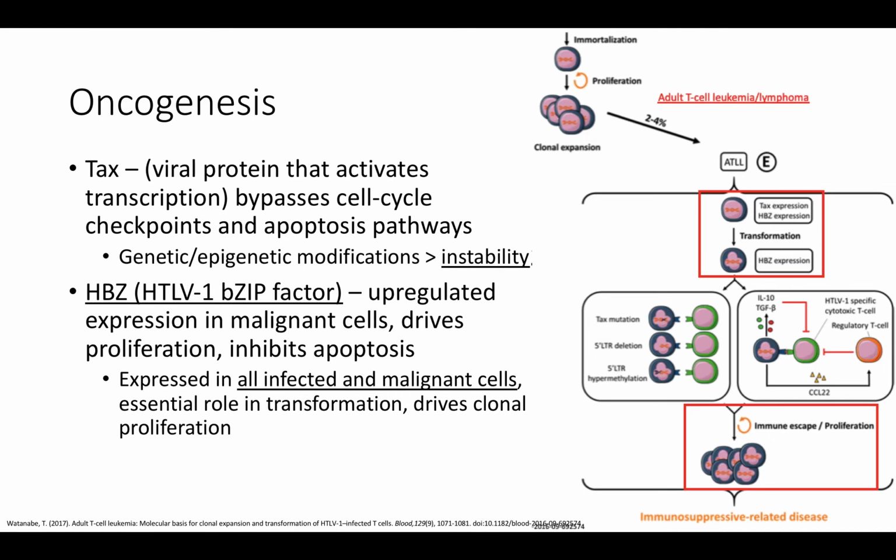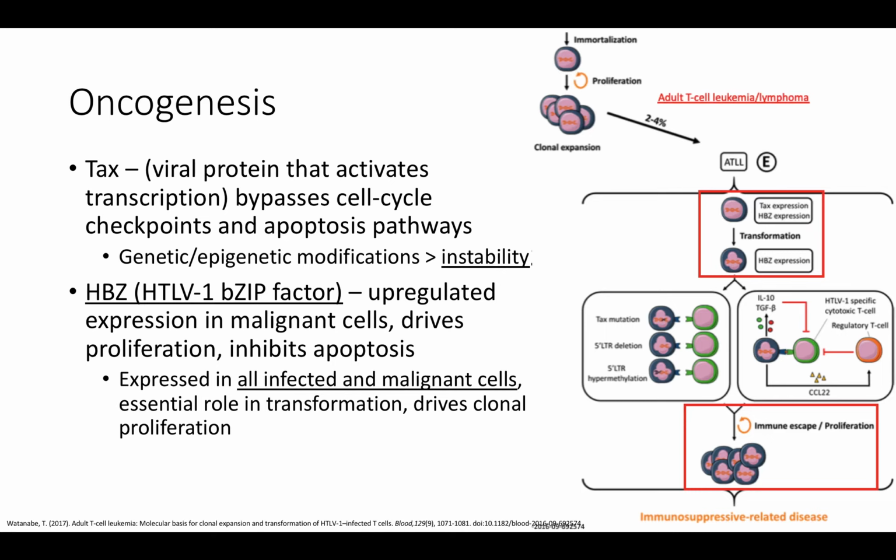And so in the context of HTLV1, the HTLV1 oncogenesis is characterized by principally two proteins. The first one is Tax, which we previously mentioned as the viral protein. And this protein is, again, a potent activator of early viral transcription. But once the virus is in the cell, it also has other important parts to it, where it is associated with bypassing cell cycle checkpoints through mitosis.